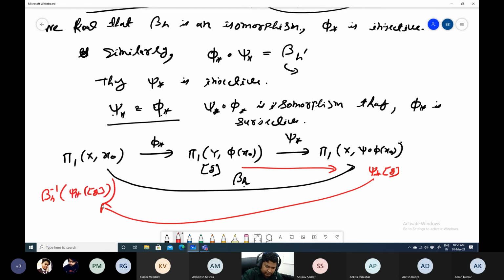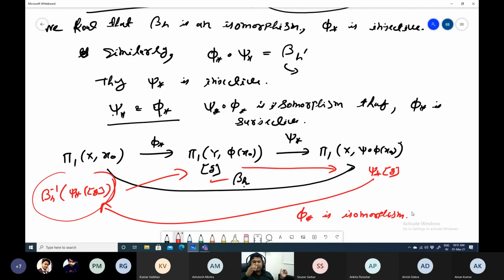Now you can check that this again goes to this because of injectivity. So you can check the phi star of this one will be g. Therefore phi star is also surjective. So phi star is one-one, onto, and a homomorphism. Therefore phi star is an isomorphism.